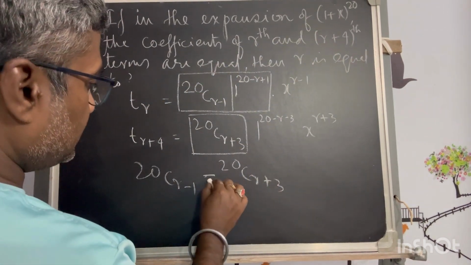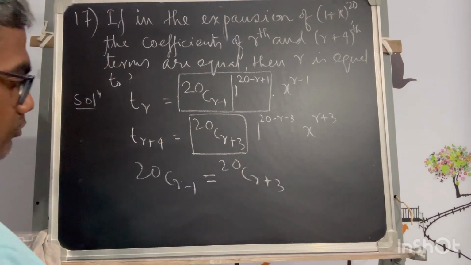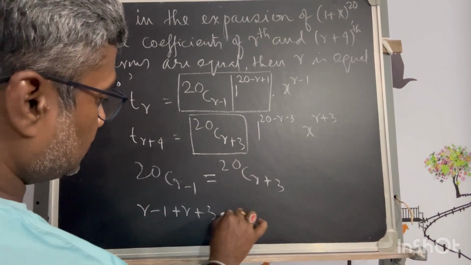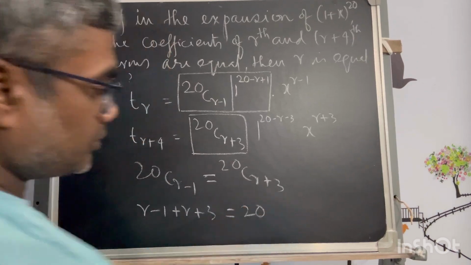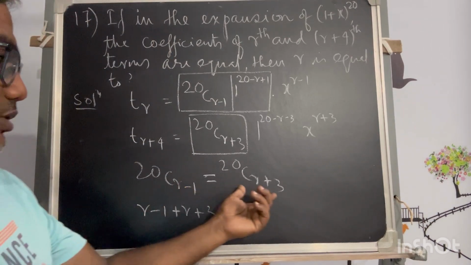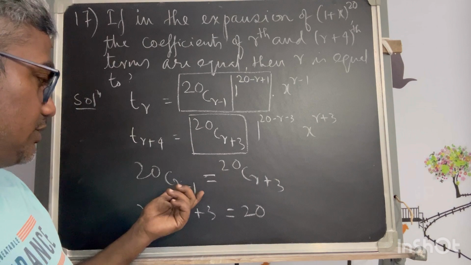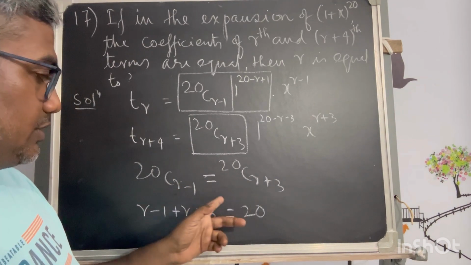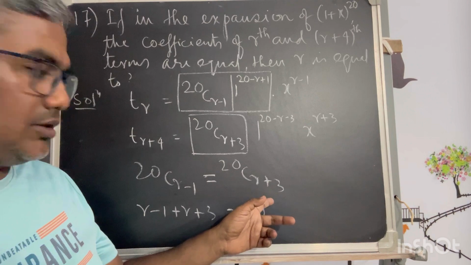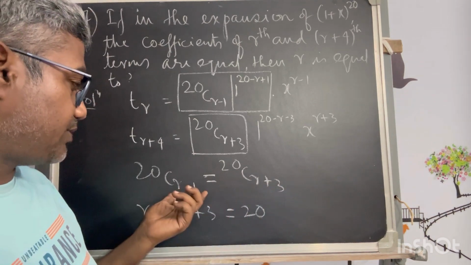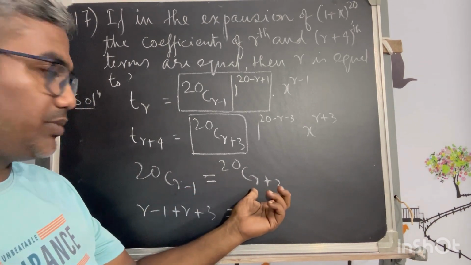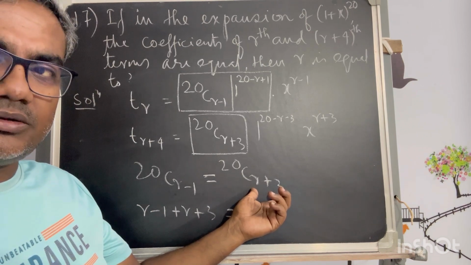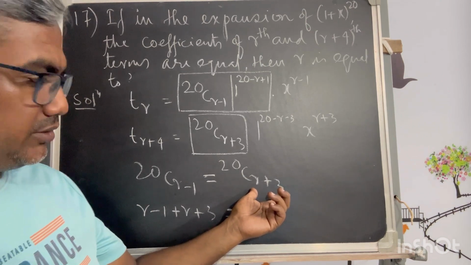Now when this kind of equation arrives, we can say that r minus 1 plus r plus 3 must be equal to 20, or else this equals this. But if I equate this to this, r will be eliminated. For any value of r, this cannot be satisfied, because r minus 1 equal to r plus 3 cannot hold, and you cannot find r in that equation.